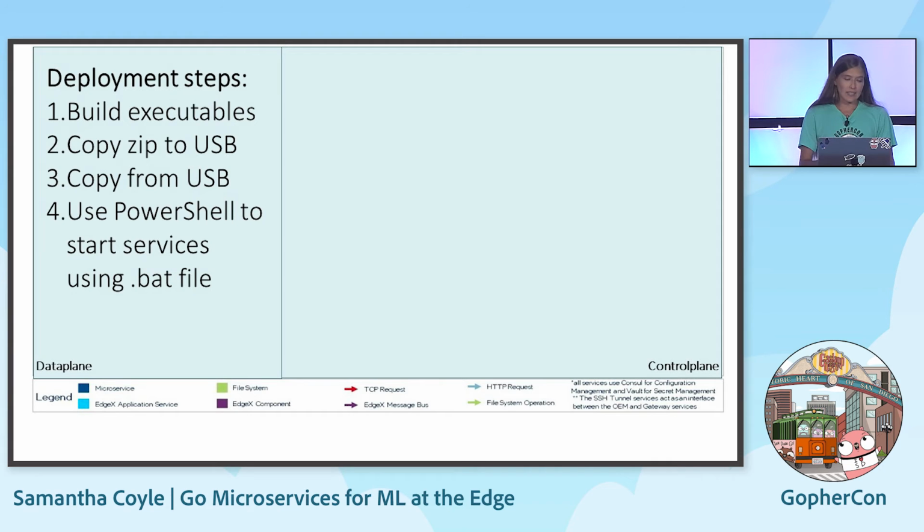For the data plane deployment steps, what we did is we ended up building our executables, copying them over to a zip folder on a USB drive, copied that folder from the USB onto the data plane, and then we would use PowerShell to start our services using .bat files. And so .bat files are just basically a script file where it will store commands to be ran in serial order. So simpler and easier on us as a team.